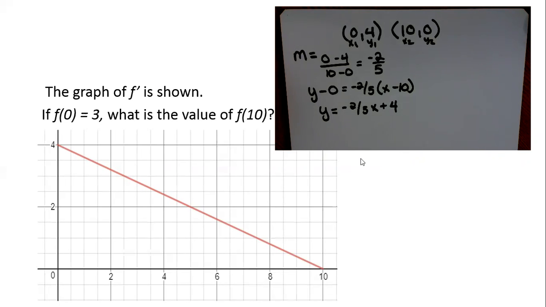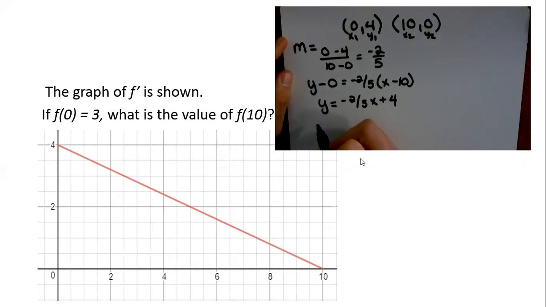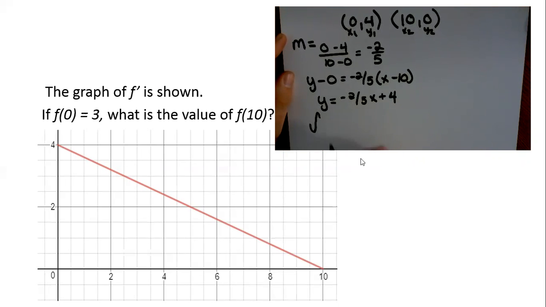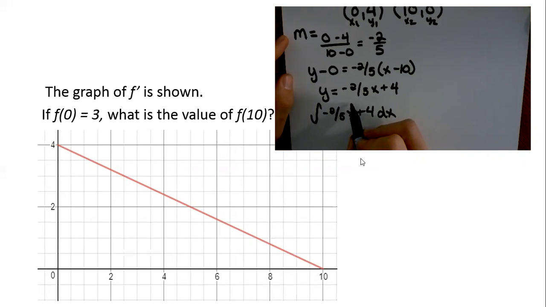So that should be the equation of that derivative line that they gave us. Now that I have that, to get back to the original function, I want to take the integral of negative 2/5 x plus 4 with respect to x. In order to do that, I'm going to add 1 to the exponent and divide by that new exponent.